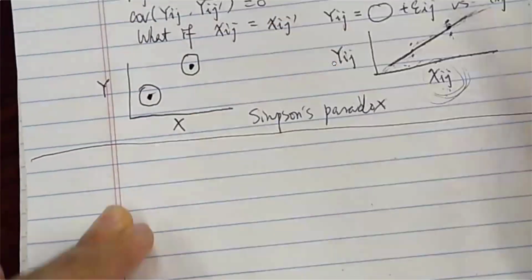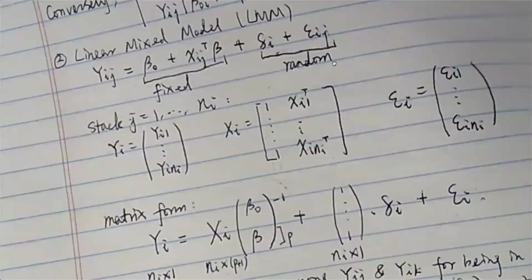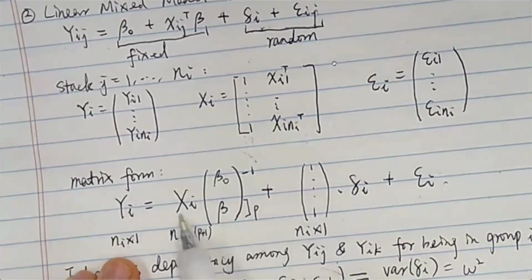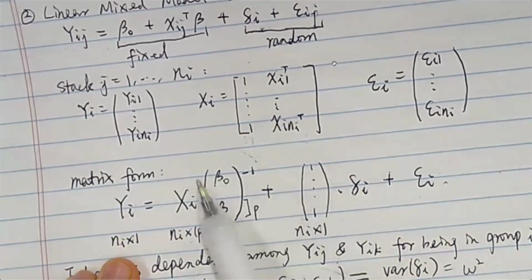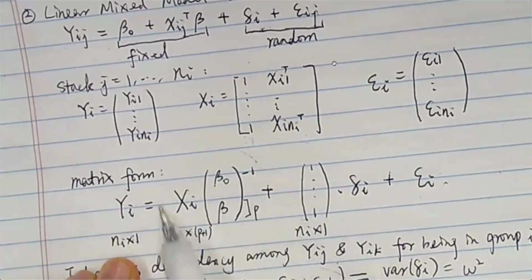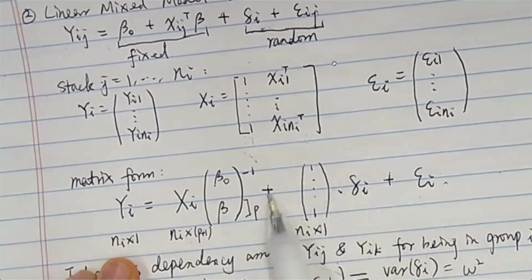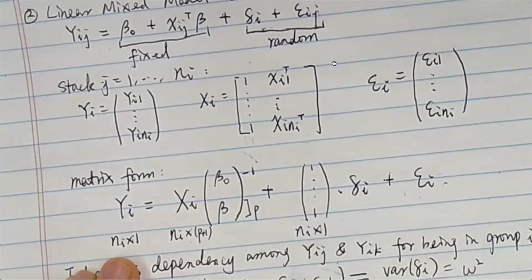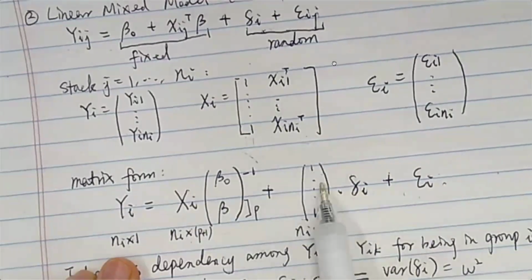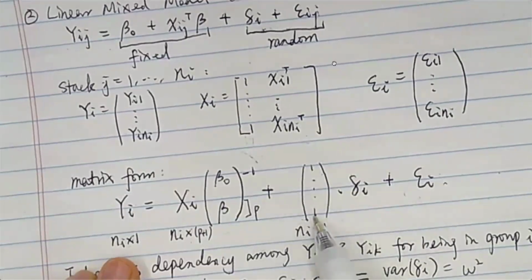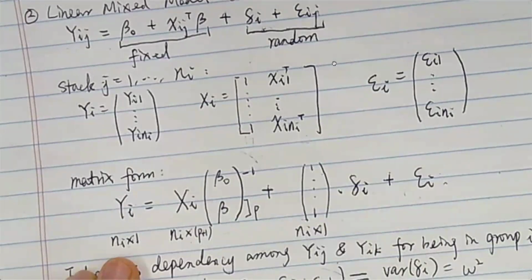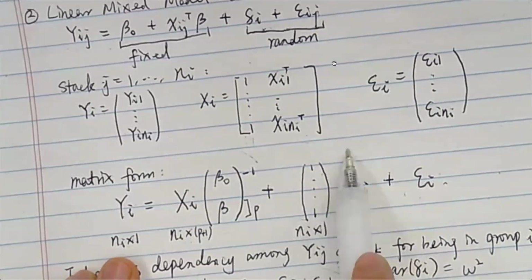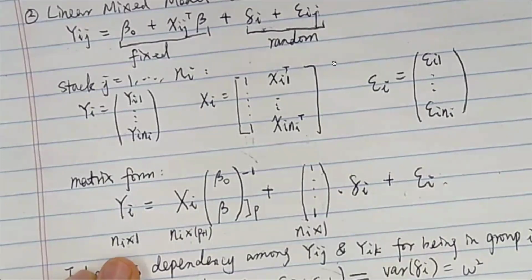Recall, going back to the last page, we write it in this form: Yi equals Xi times the fixed coefficient plus some other matrix times the random effect plus error, right? For this one, because it's just a random intercept, we just have a column of ones. But if we also want to allow for a random slope, then we may put some covariates here, okay? Then with these covariates put here, their slopes will be random instead of fixed.